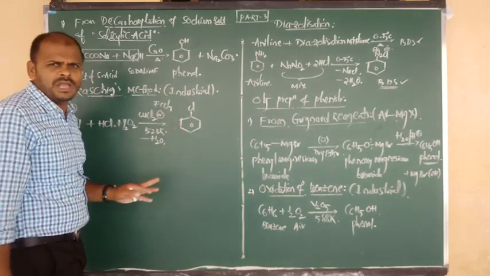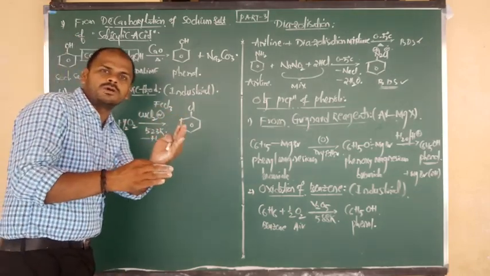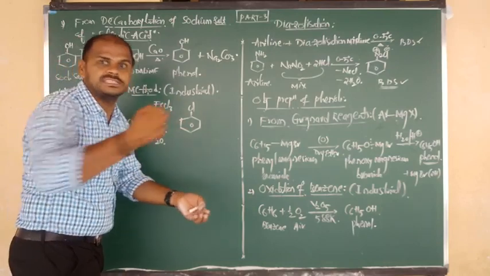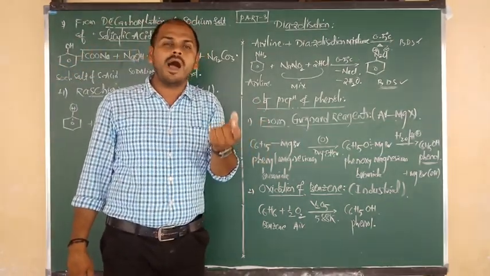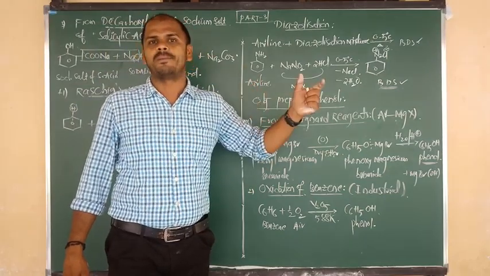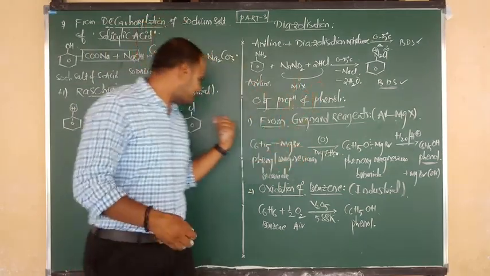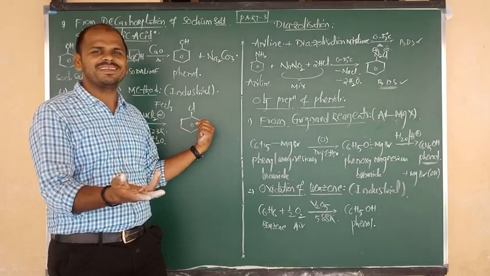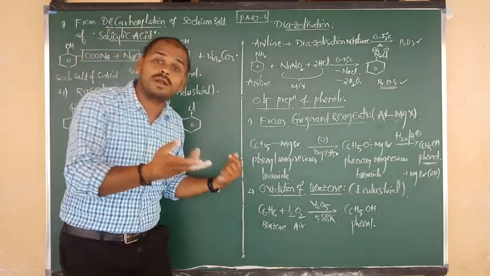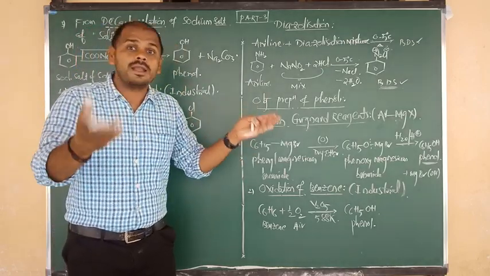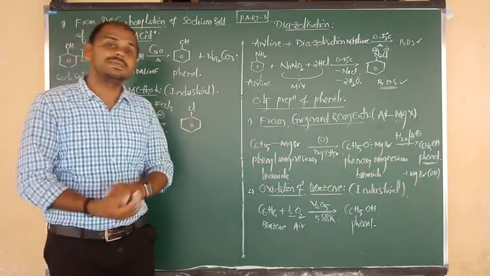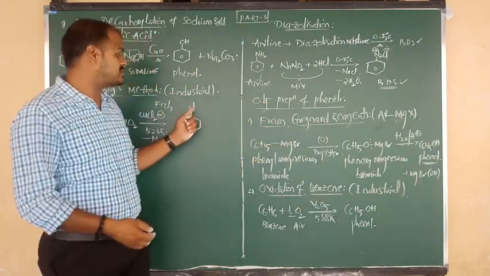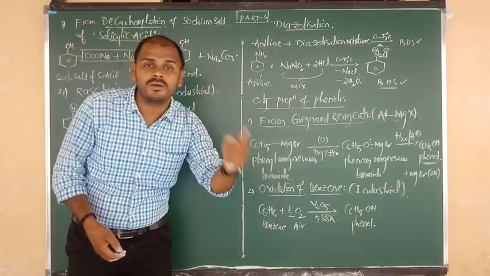Now such chlorobenzene is simply passed over superheated steam, nothing but highly heated water vapors. In that highly heated water vapor, H plus is there and active OH minus ions are there. Such OH minus can replace the Cl minus, and H plus combines with Cl and is removed in the form of HCl.